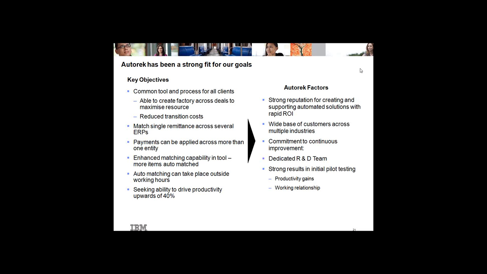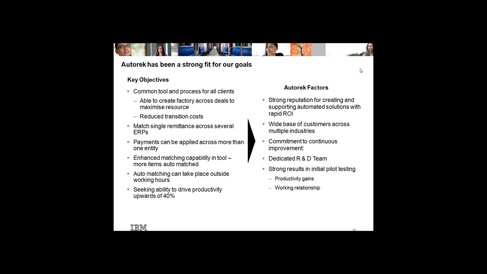And then overall, from an objective standpoint, we were looking to drive productivity upwards of 40%. Jim talks about bigger numbers, and we've seen bigger numbers from the pilot tests that we've done, but we also wanted to do something that was realistic as we were looking at the evaluation period.